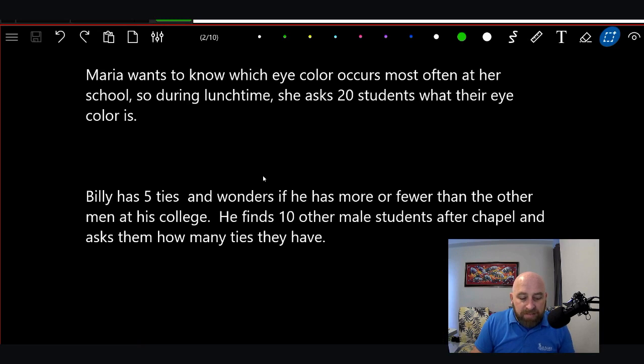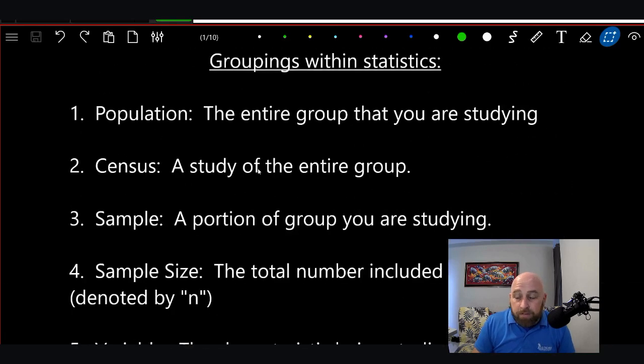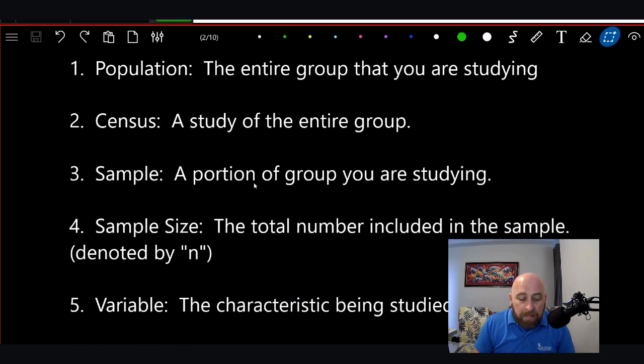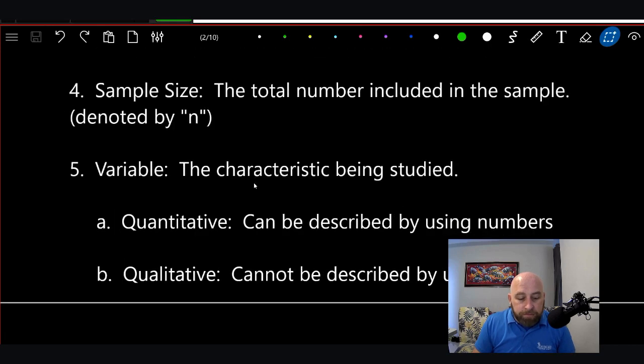Billy has 5 ties and wonders if he has more or fewer than the other men at his college. He finds 10 other male students after chapel and asks them how many ties they have. What is the population? Well, the people at his college. Does he do a census or a sample? He does a sample. And what is his sample size? Well, he talked to 10 people. What are the variables?